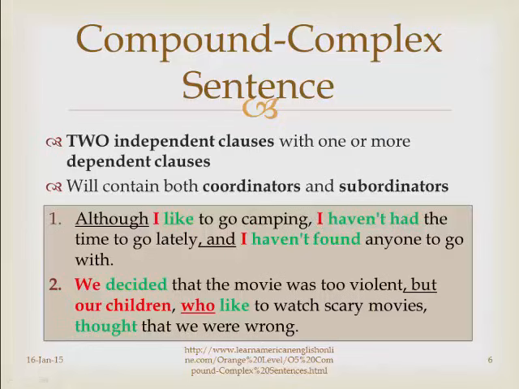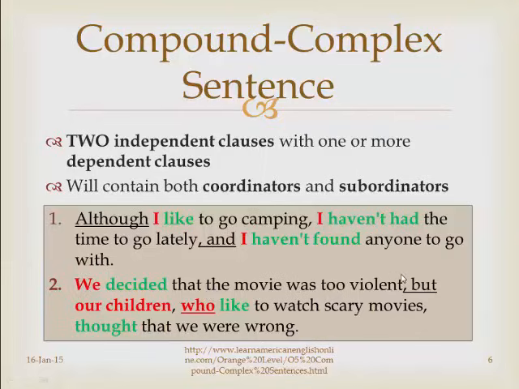Now what about example number 2? Can you guess which ones are the independent clauses and which one is the dependent clause? Yeah, this one is a little bit more complicated. The first independent clause is we decided that the movie was too violent, right?